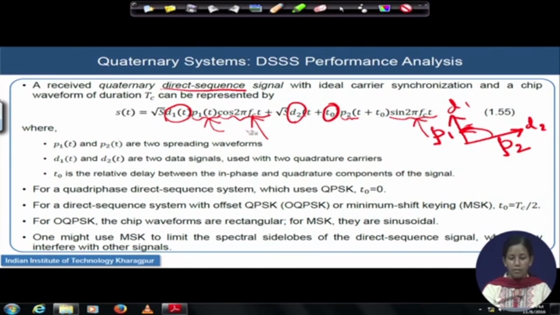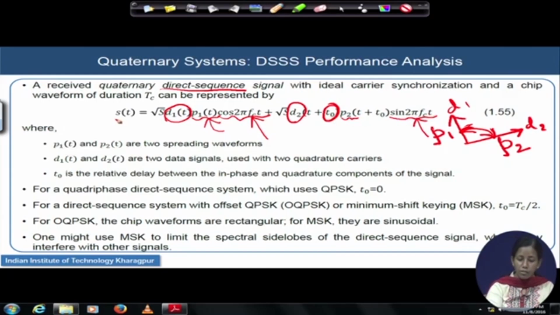So, the received signal, and the power that we have sent, both have equal power before transmission, and combining all the effects, we are given by equation 1.55, where the received signal S(t) is given by this.